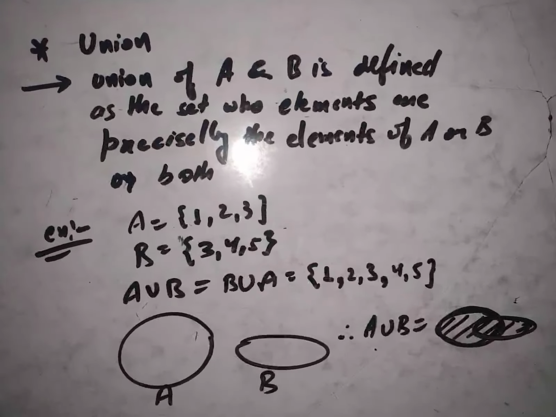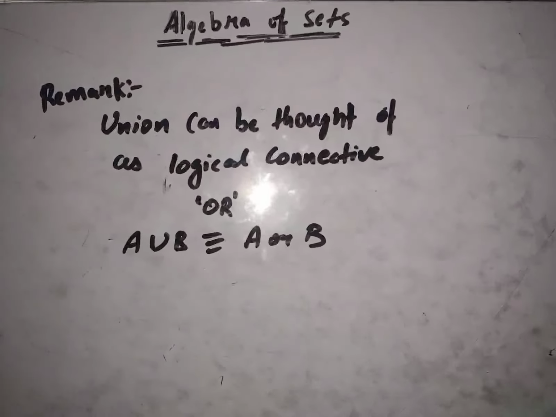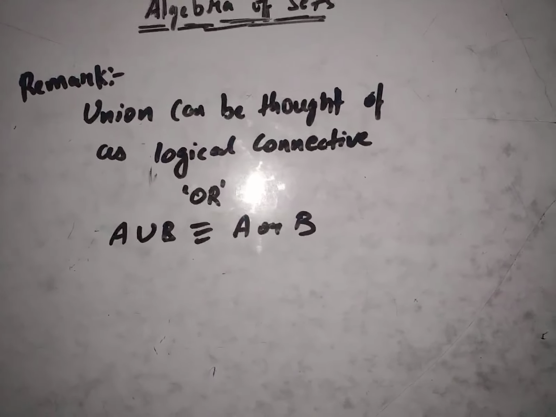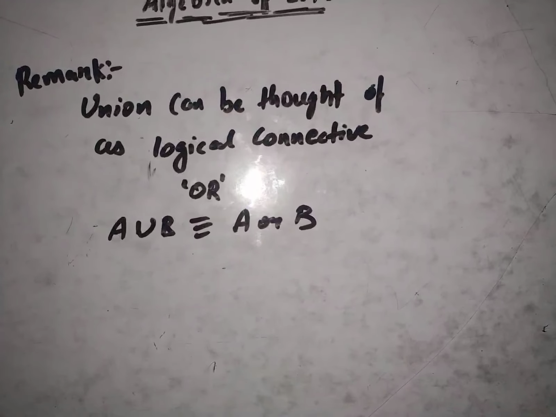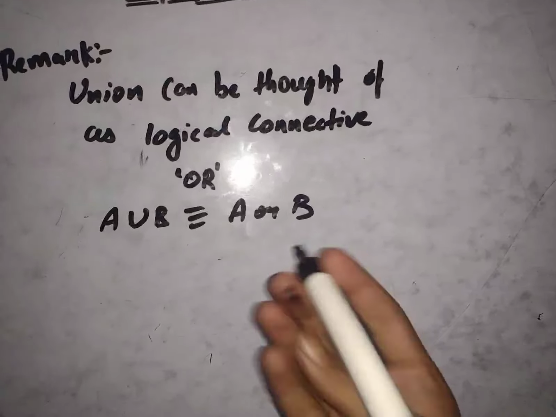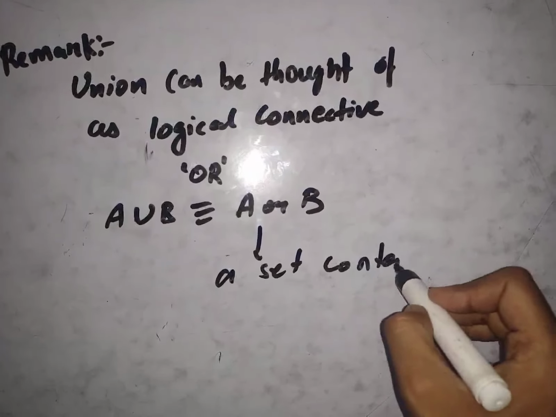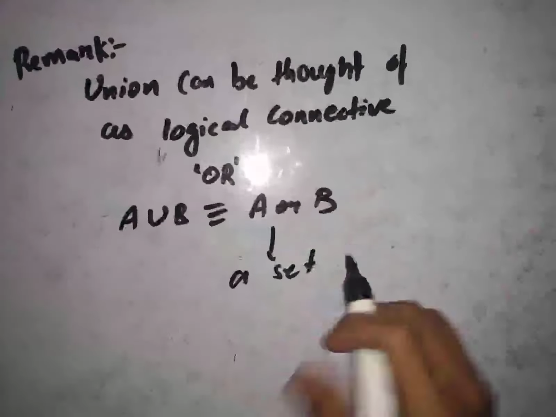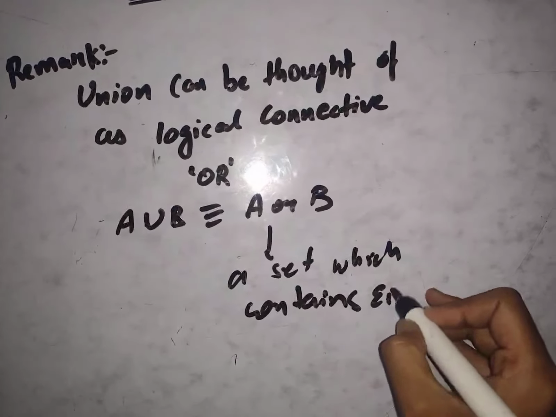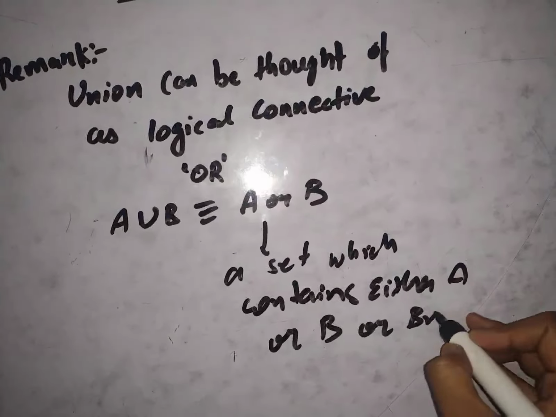Now let's talk about intersection. After studying union, there is a remark that should be kept in mind. Union can be thought of as the logical connective OR. So when we say A union B, we are actually saying A or B. So a set which contains either A or B or both.